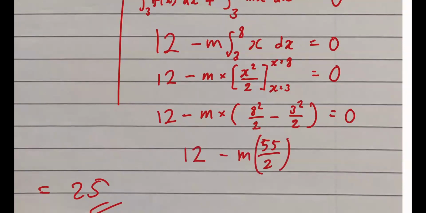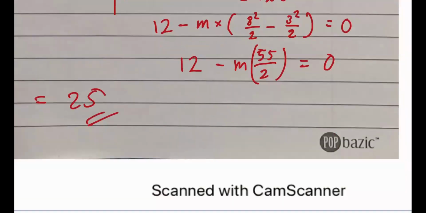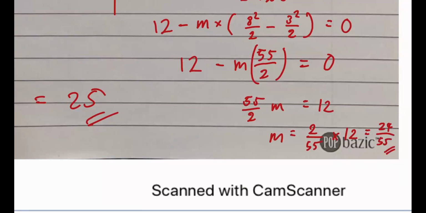There's a 12 equals 0. From there, you can solve for m. So 55 over 2 m equals 12. m equals 2 over 55 times 12, 24 over 55. Okay, good.